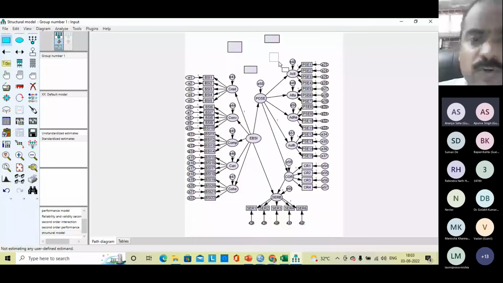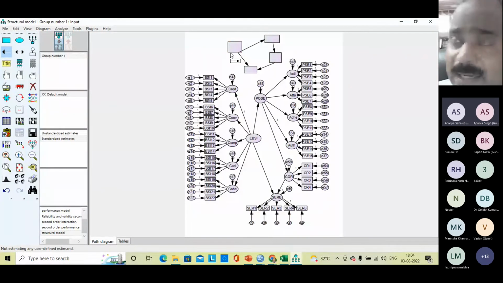So then what you need to do? From the EBSC, you need to draw a line here, then here, then here, then from here. Now this model is called a path model. And in the path model, only original values are there, no latent variable.